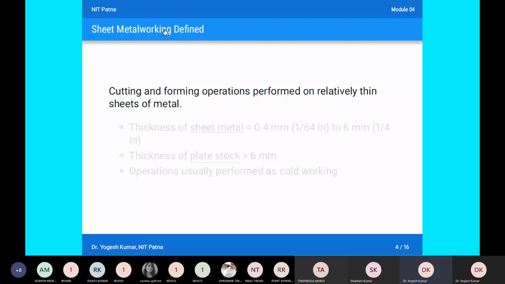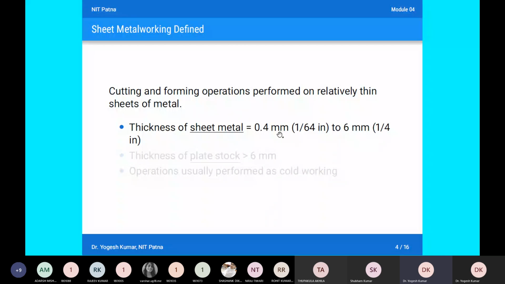One important thing is that these forming operations or cutting operations are performed on relatively thin sheets. So what is a sheet? The thickness of a sheet typically varies from 0.4 mm to 6 mm.